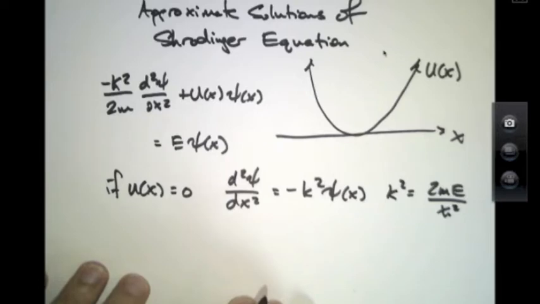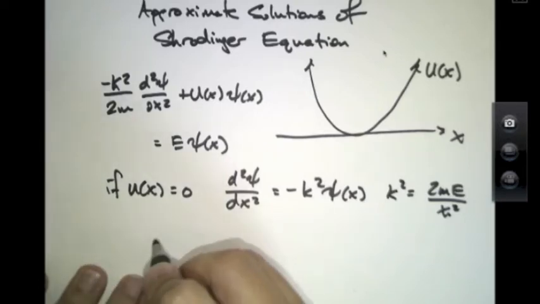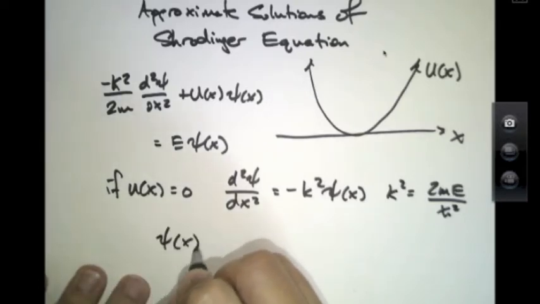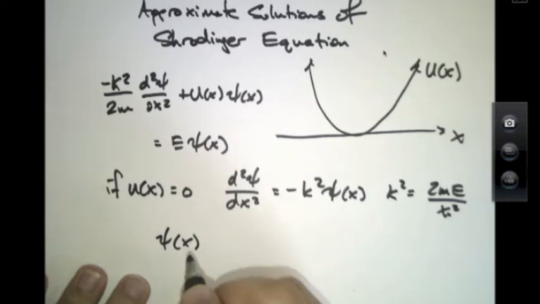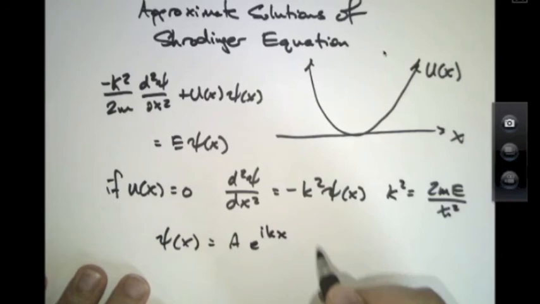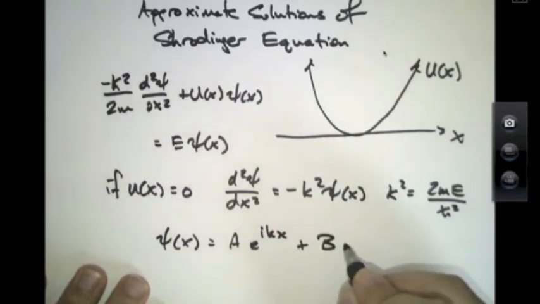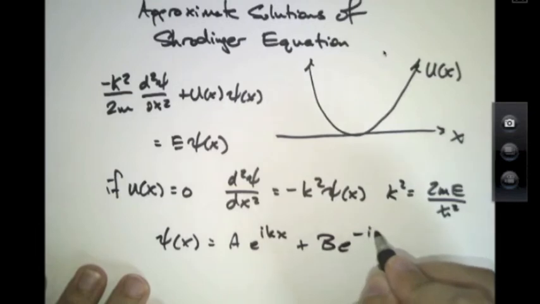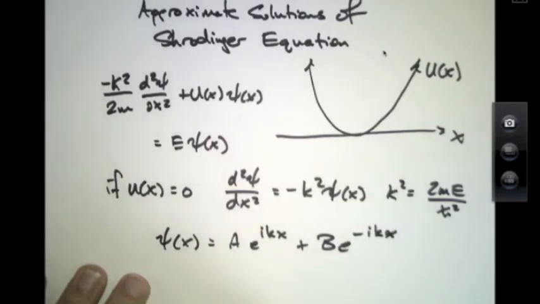That's a rather simple case because then we have solutions for the wave function that look something like sinusoids: a constant A times e to the i kx plus a constant B times e to the minus i kx.